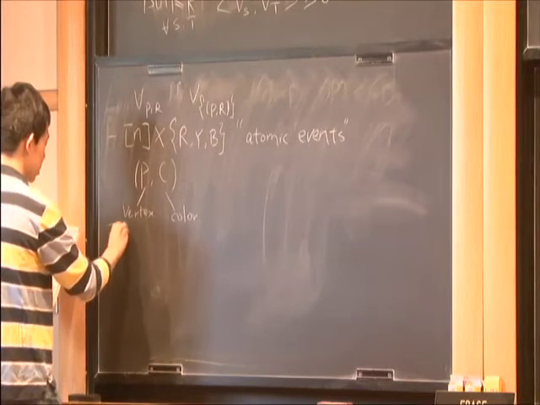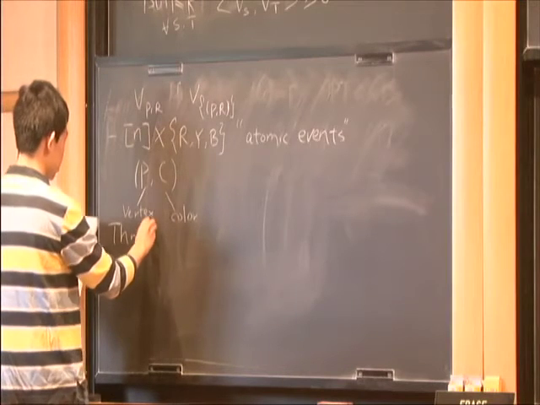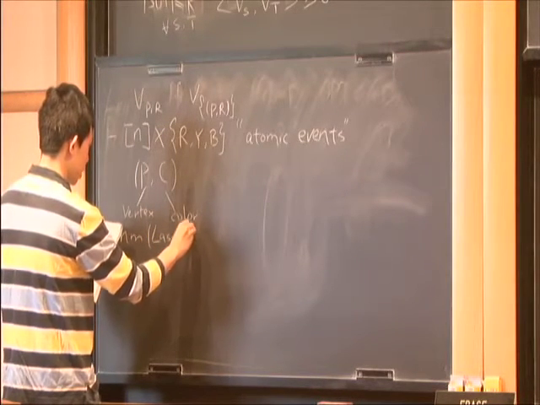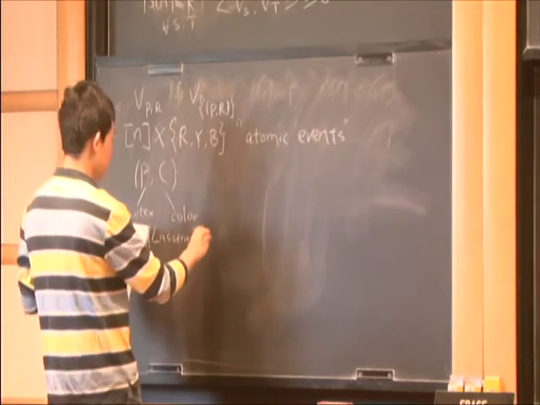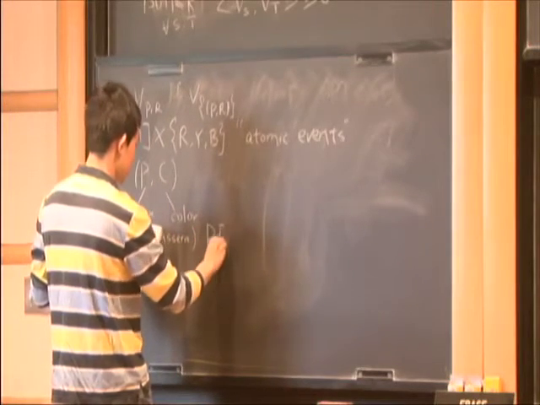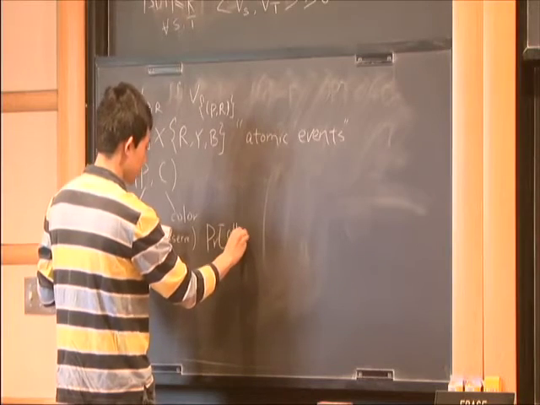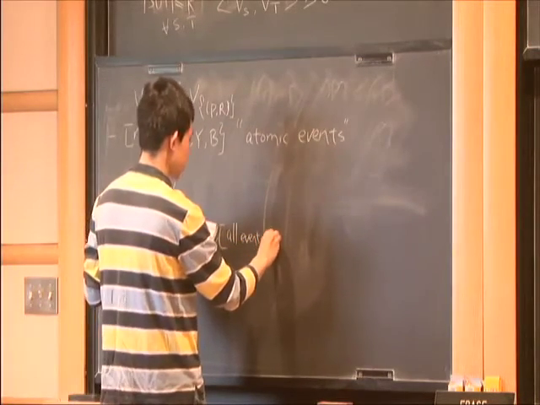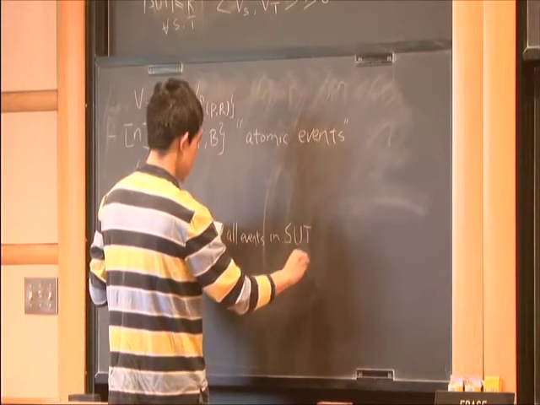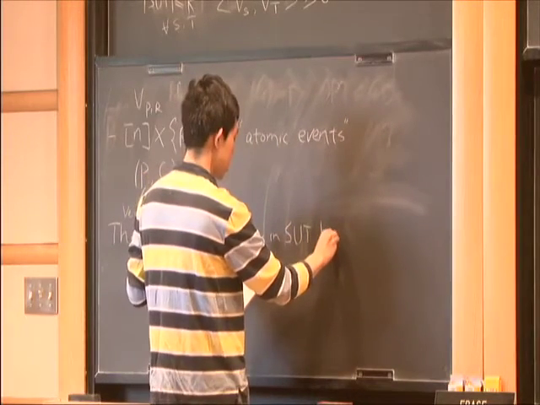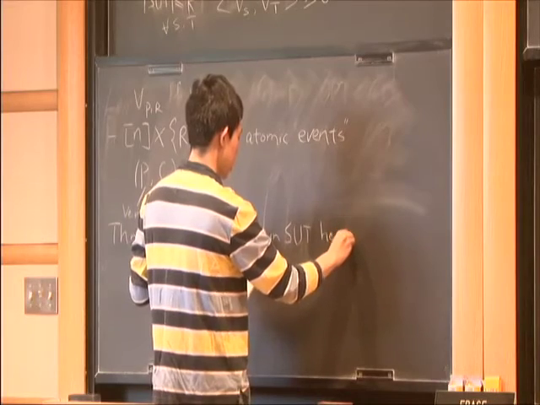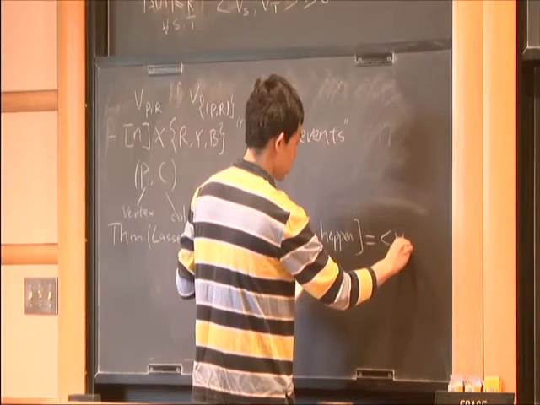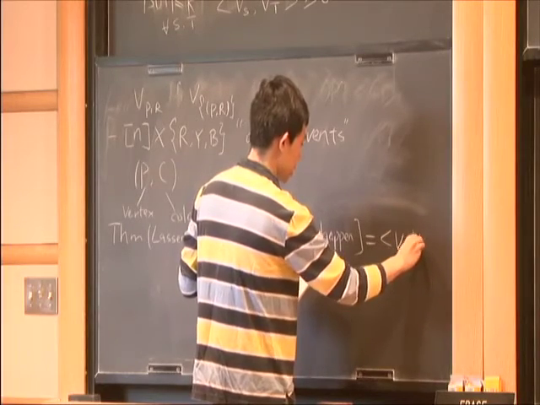So for the Lasserre hierarchy, we know that the probability that all events in this S union T happen is Vs inner product with Vt.